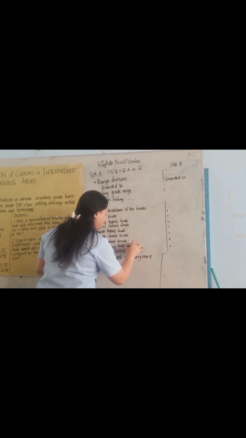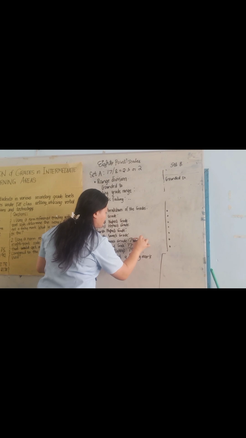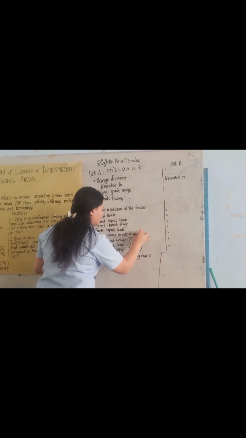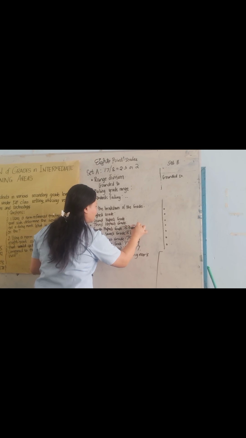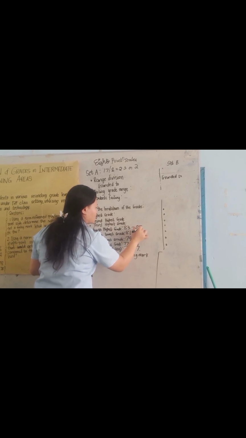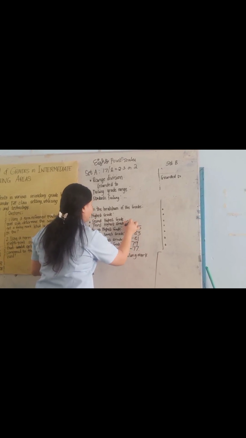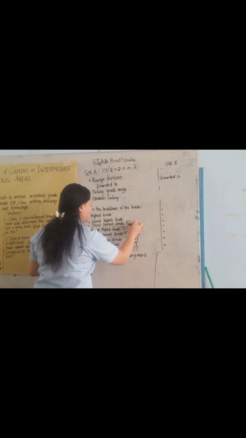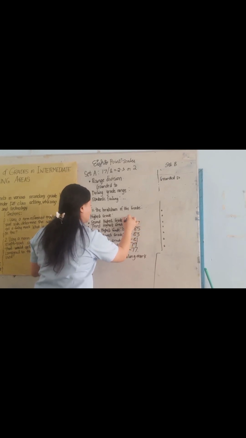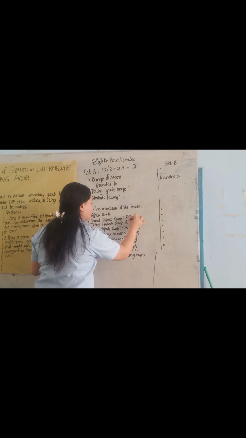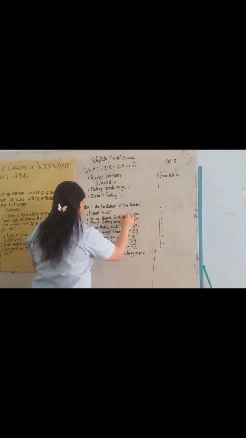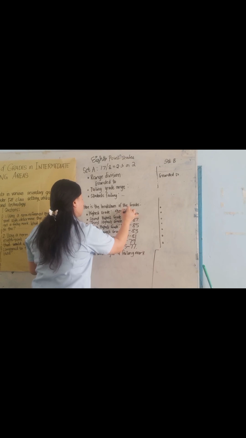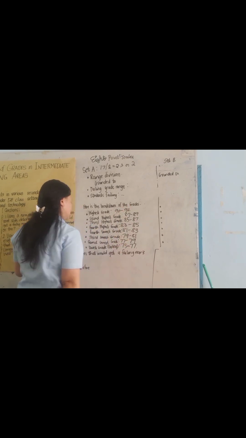Then 77 plus 2 is equal to 79. 79 plus 2 is 81. 81 plus 2 is 83. 83 plus 2 is 85. 85 plus 2 is 87. Then 87 plus 2 is equal to 89. And 90 plus 2 is equal to 92.